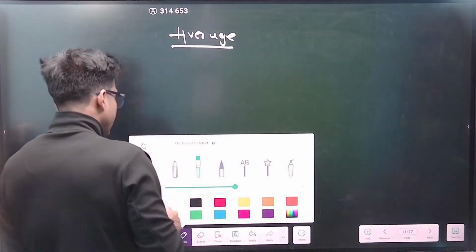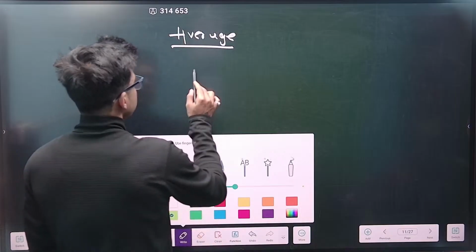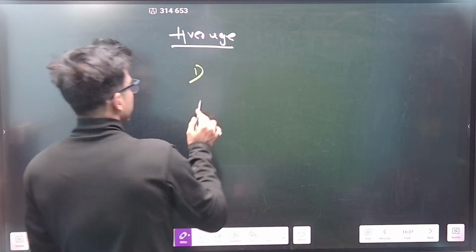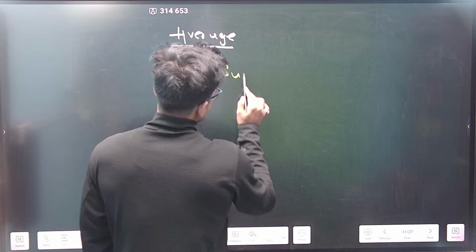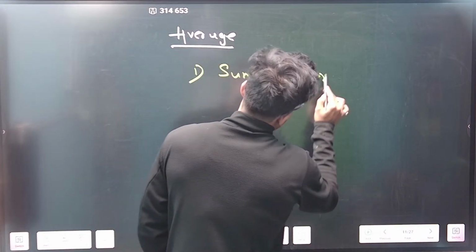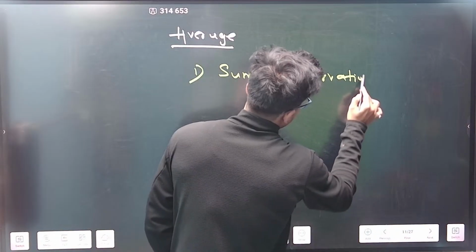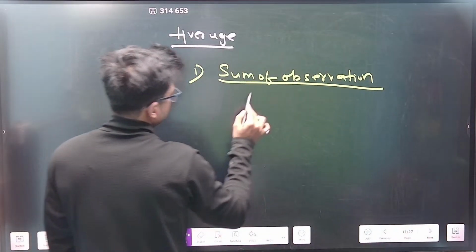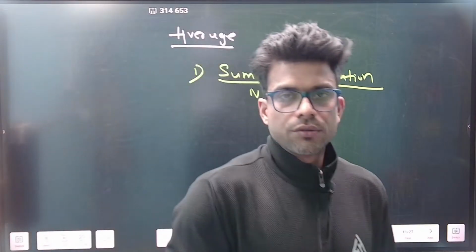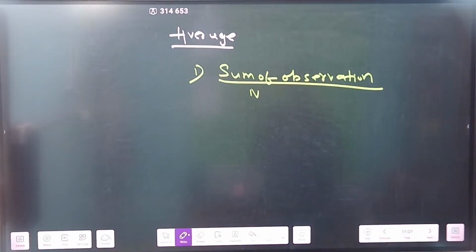The average question starts from the formula: sum of observations divided by the number of observations. This is the normal formula of average which you should know.